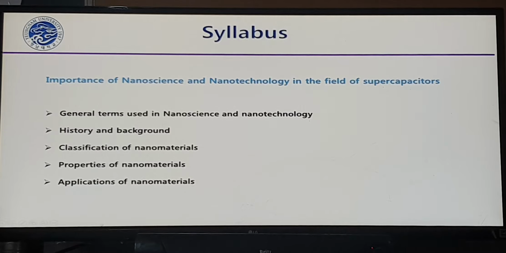Similarly, we will cover properties of nanomaterials and applications of nanomaterials. We all know that nanomaterials have different properties and many applications in many fields.